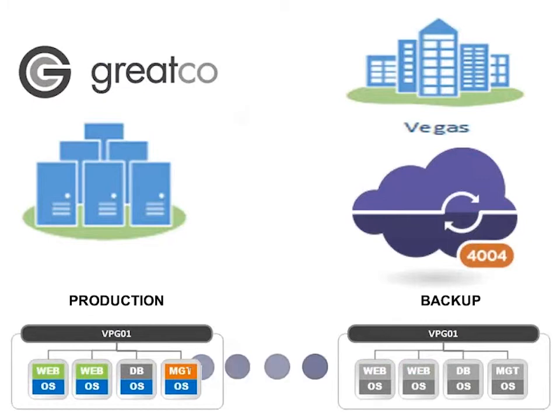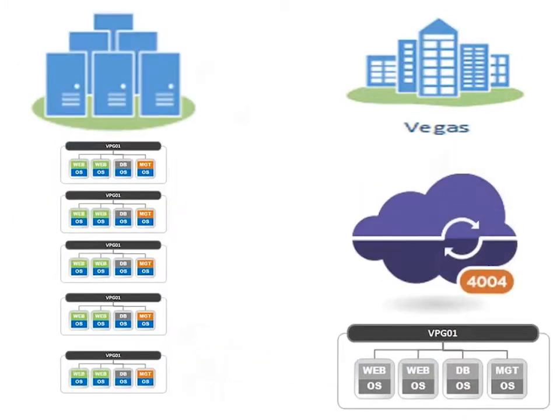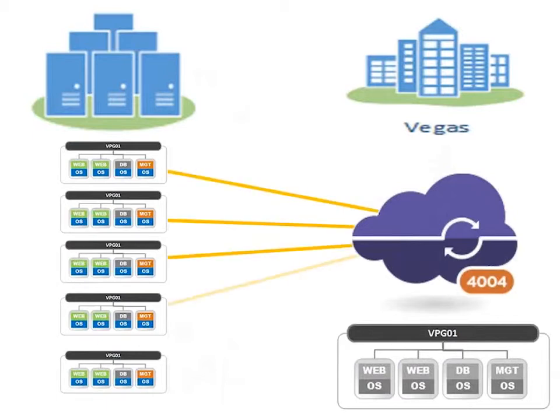The replication gets set up there, continuous data protection. Every time there's a change to production, it gets shot immediately out to the backup site through that encrypted tunnel, and off we go. As I mentioned before, you can create as many VPGs as you like, and they can all be redirected into one Bluelock virtual data center and protected with basically the exact same protection that each of them has.